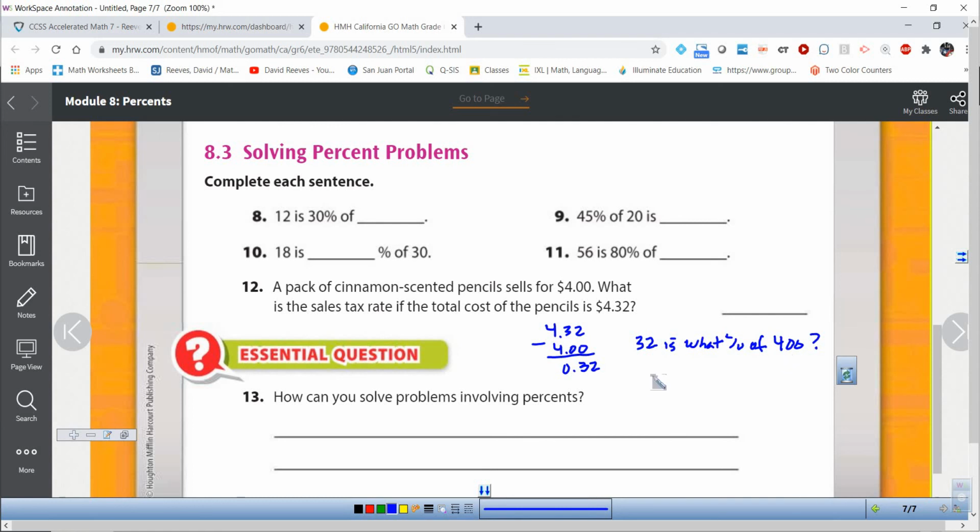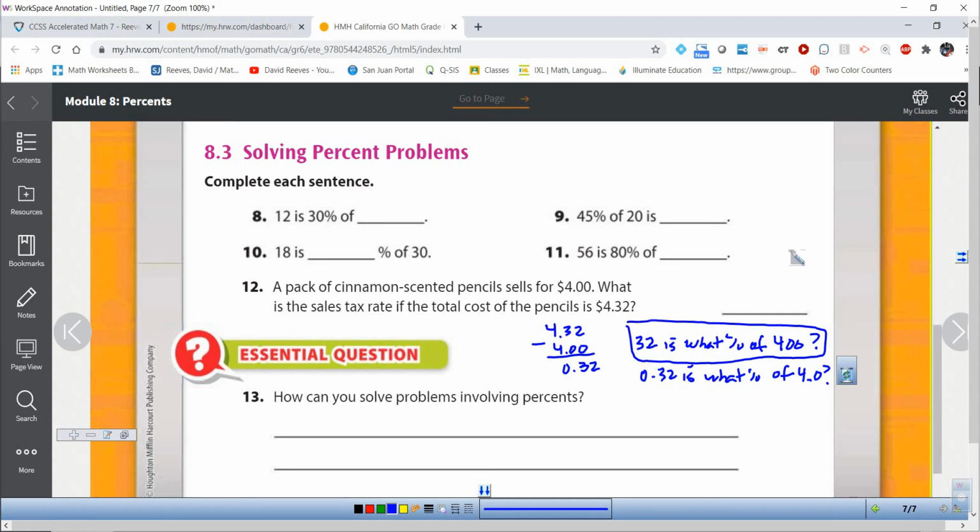If we wanted to do it in dollars, we would do this. 0.32 is what percent of 4.0, but I'm doing it in cents to make it easier so we don't have to work with those decimals.